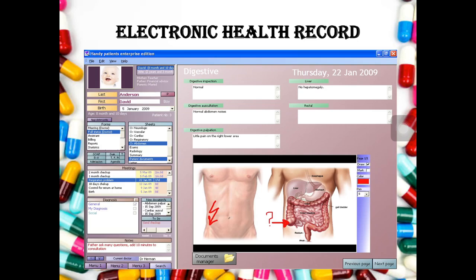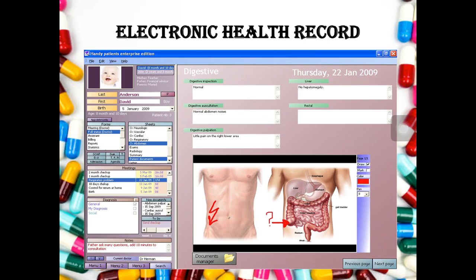Now, I will be showing you an electronic health record. So what is an electronic health record? An electronic health record is a digital version of a patient's paper chart. EHRs are real-time, patient-centered records that make information available instantly and securely to authorized users.